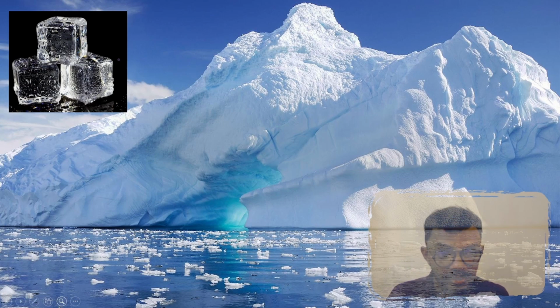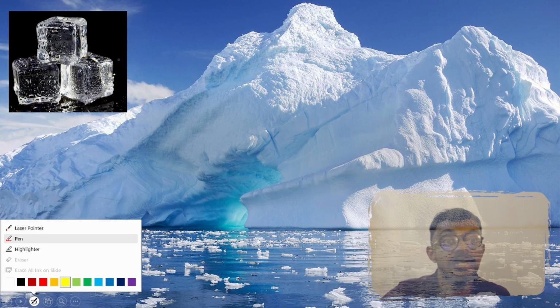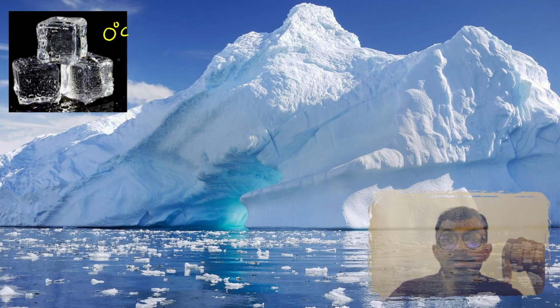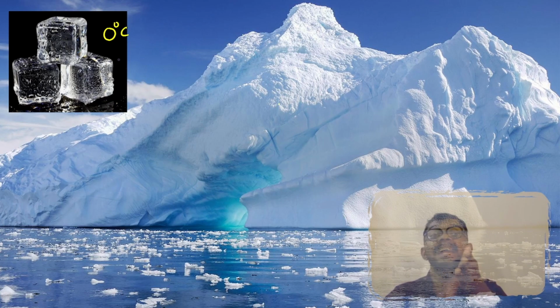For example, look at the situation here. The temperature of ice is 0 degrees Celsius. We found that. And initially we thought ice has the smallest temperature. But later, in places like Antarctica, we came to know that there are temperatures even below that. So we need a number below 0.